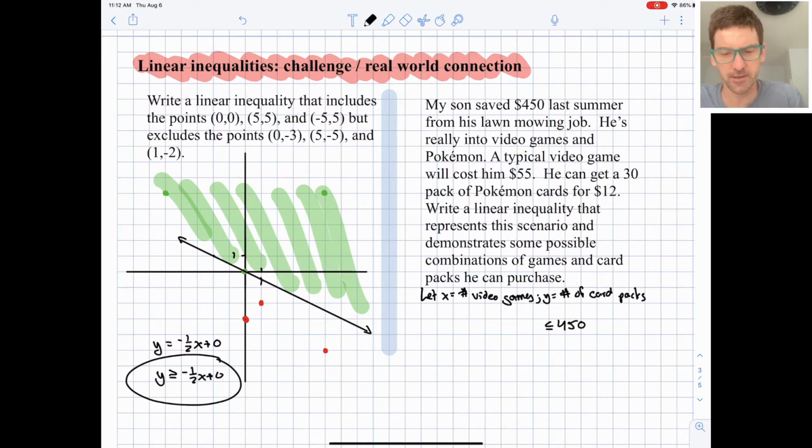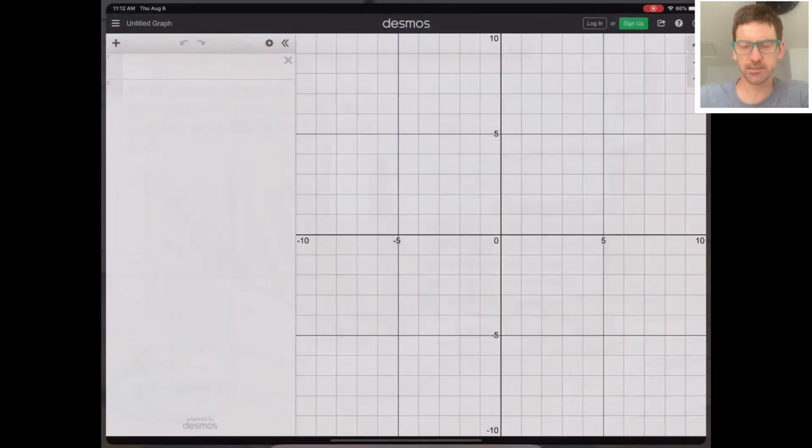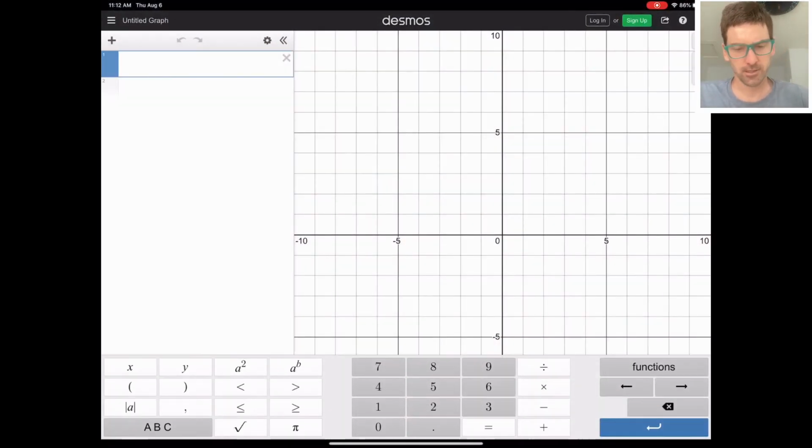So 55x plus 12y has to be less than or equal to 450. That's my solution right there. But I want to graph it. I'm going to actually graph this guy on Desmos, and we'll take a look at that over on Desmos. 55x plus 12y is less than or equal to 450. So let's type that in.